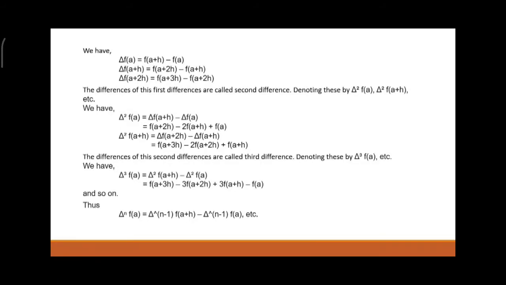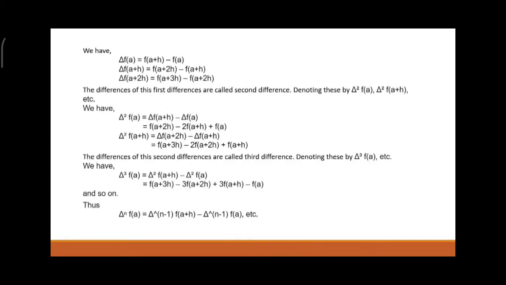And the differences of these first differences are called second differences, and we denote them by delta square f of a, delta square f of a plus h, etc. And we have delta square f of a is equal to delta f of a plus h minus delta f of a, and is equal to f of a plus 2h minus 2f of a plus h plus f of a.